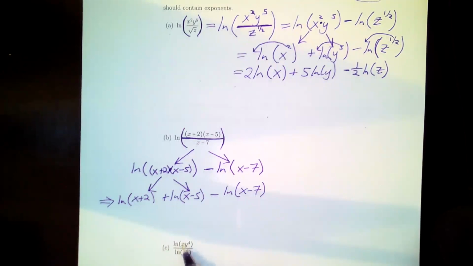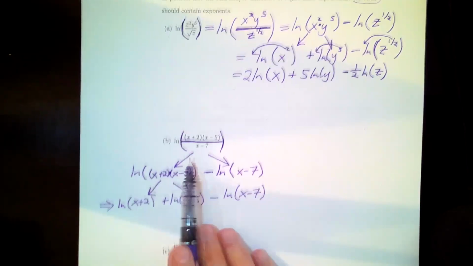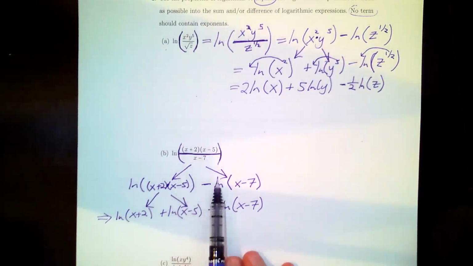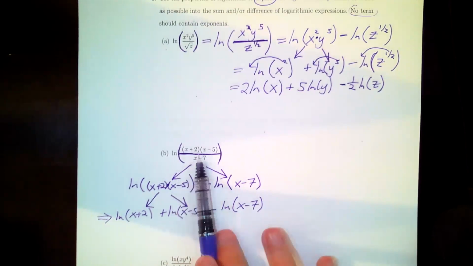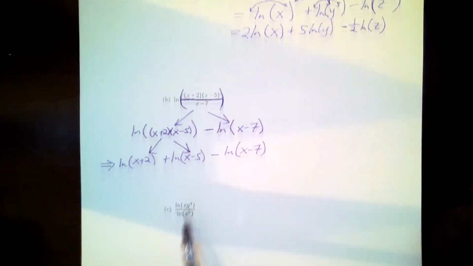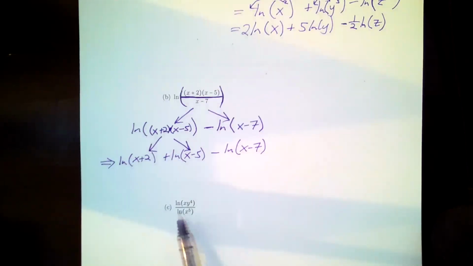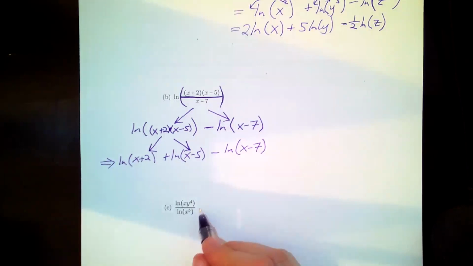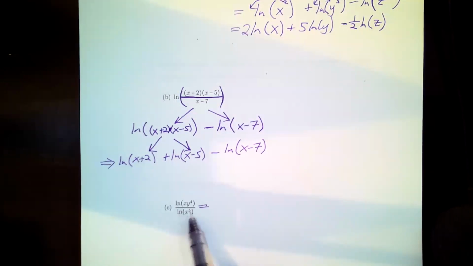So this does not split into a subtraction. Splitting into a subtraction only counts if the thing that's divided is inside one log. This is not that. I have division of logarithms. So whatever I end up doing here, I'm going to have a logarithm in the bottom and a logarithm in the top. This does not split into a subtraction.